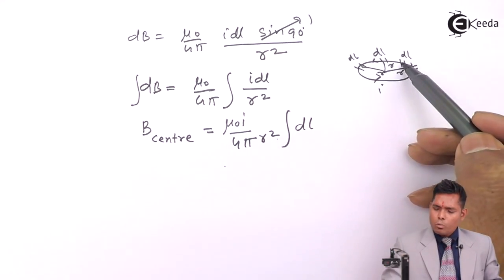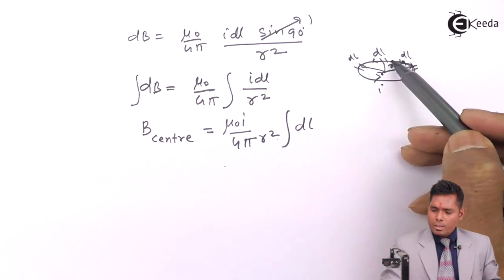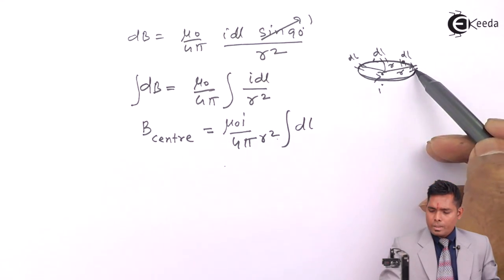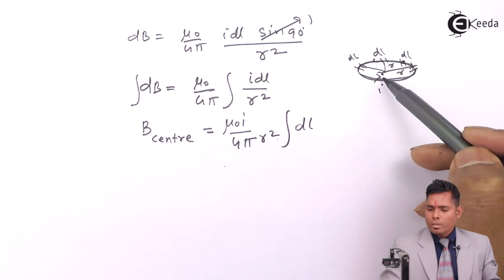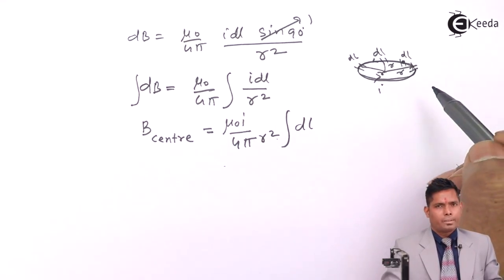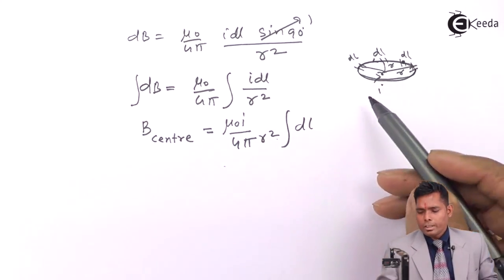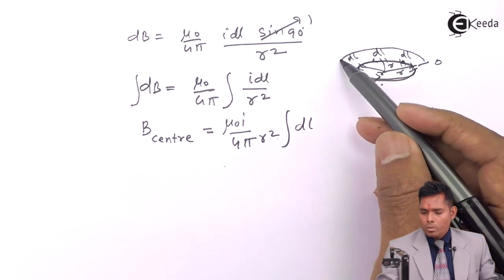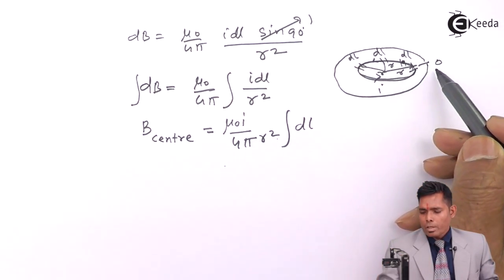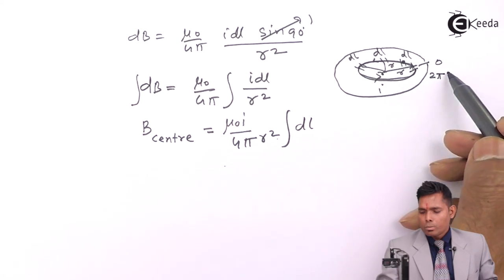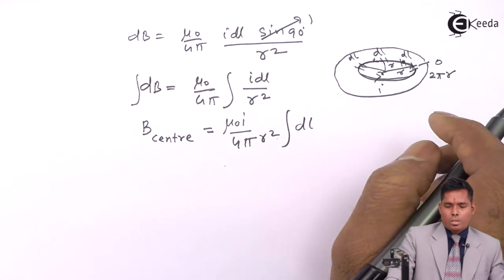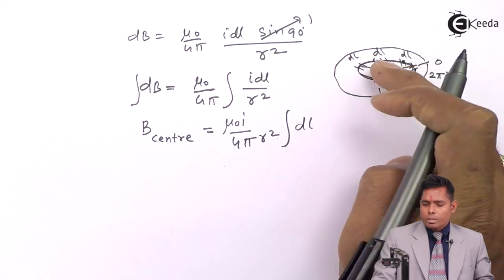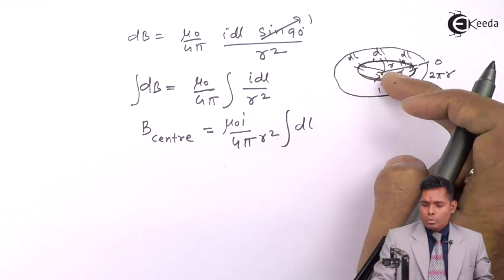But this dl will move from any point you start, all the way along the circumference, and come back to the same point. Only then will your coil be complete. So suppose you start from this point, 0, move around and come back to the same point. I have to cover a distance of 2 pi r.